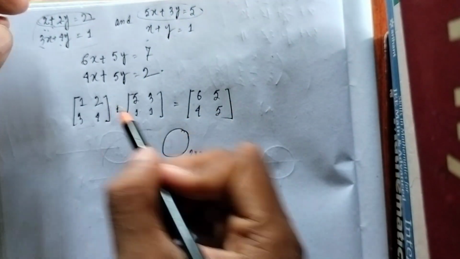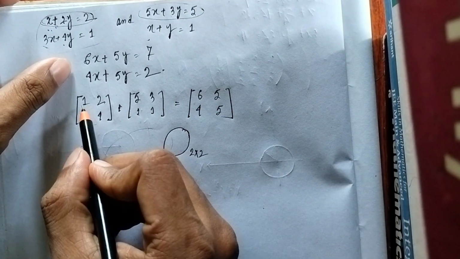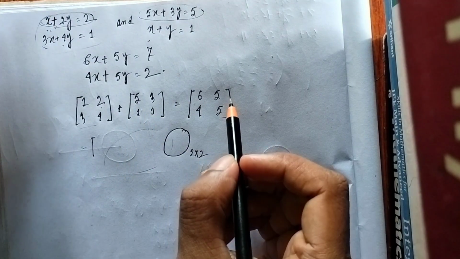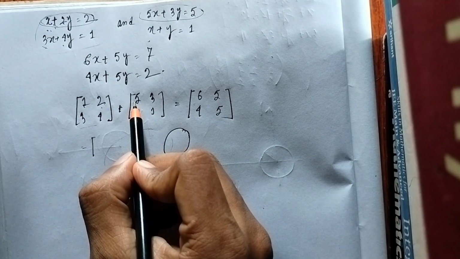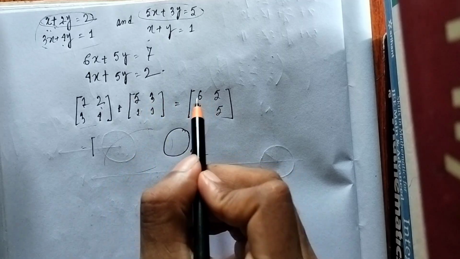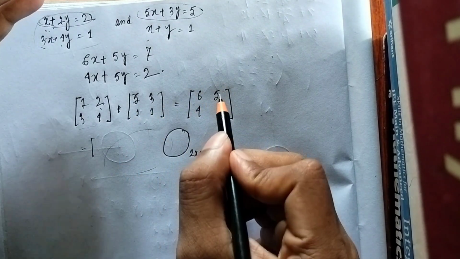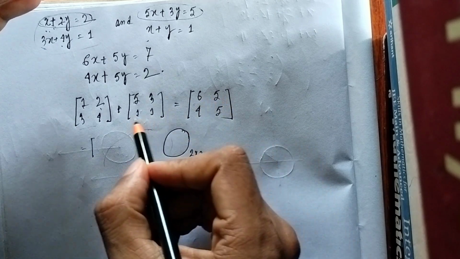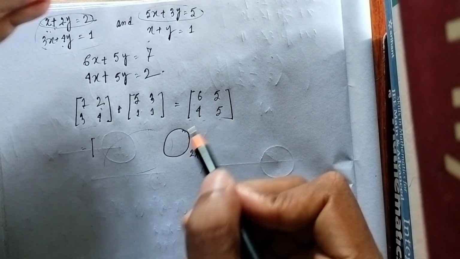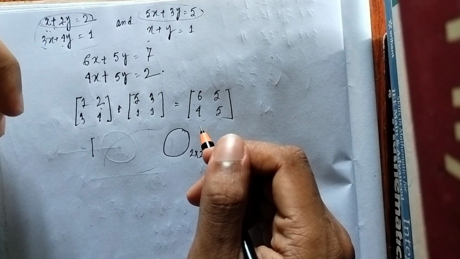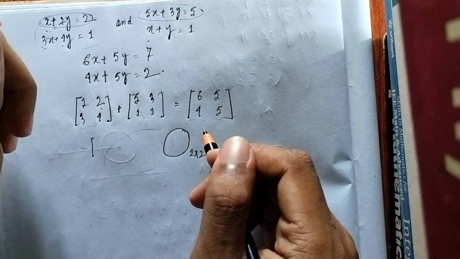We could define the addition like this: 1 plus 3 gives 4, 2 plus 5 gives 7. But we don't define the addition like this. We define it as 1 plus 5 equal to 6, 2 plus 3 equal to 5. Why? Because then the result will be closed, meaning it obeys some significance.